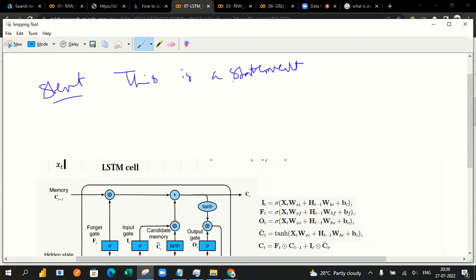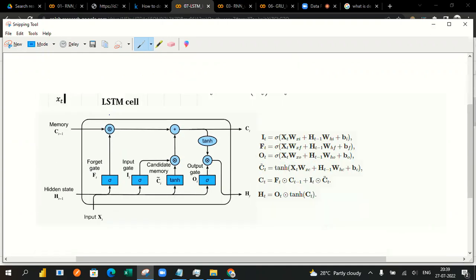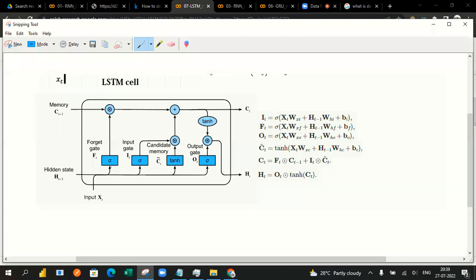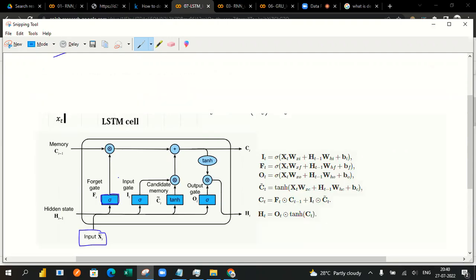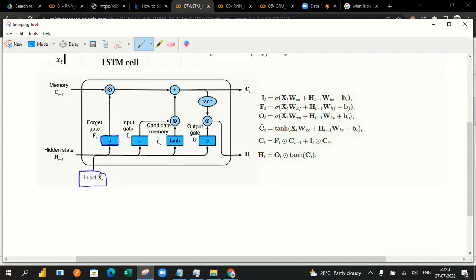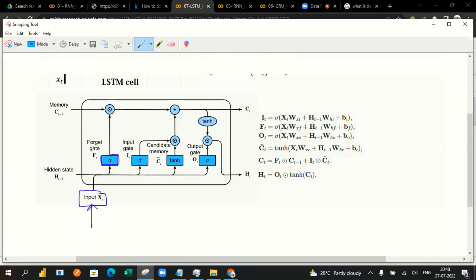These words or this sentence will be preserved as an input to the cells. Each one is called one state, or one notation of the cell. So the input comes from the words, and you also get some hidden states, or hidden information, from the previous cells.